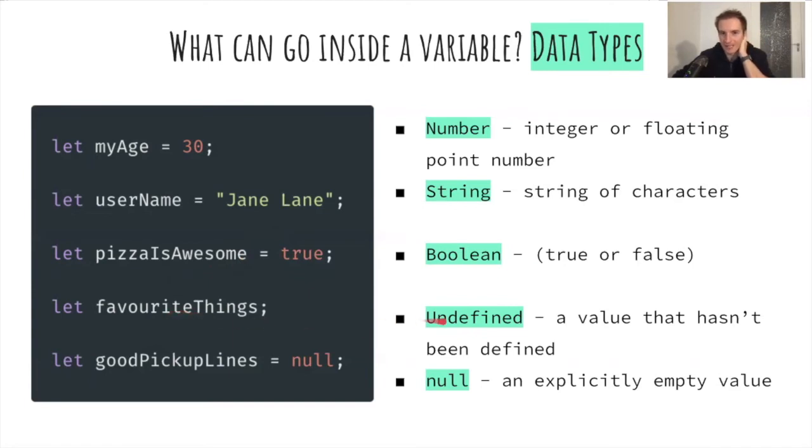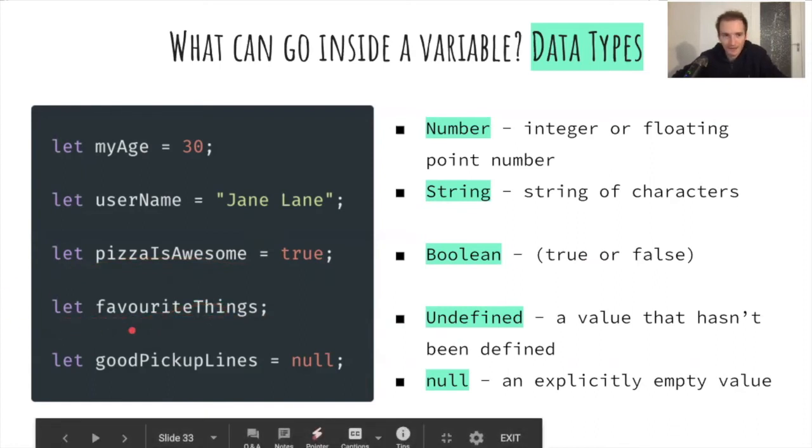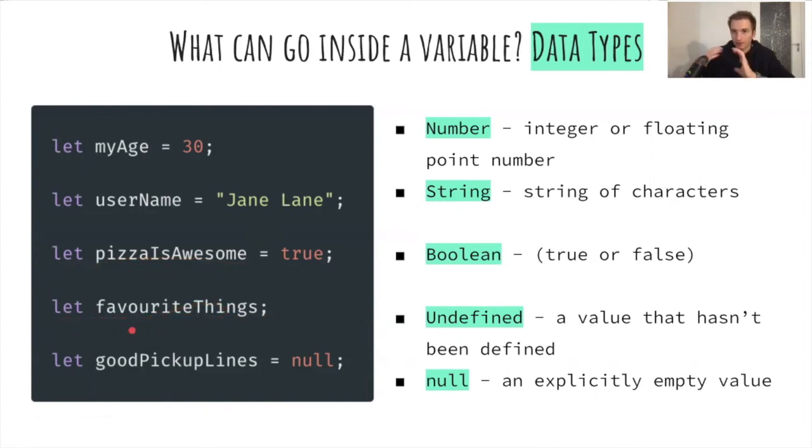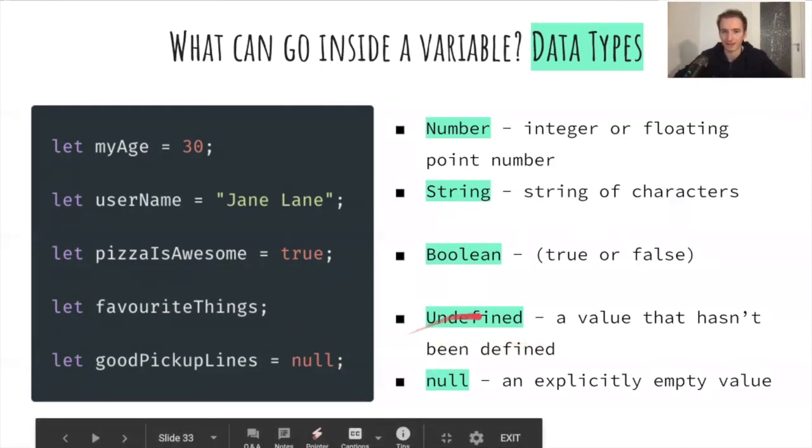It can also be what's called undefined, which means that we haven't given it a value. So when we initialize a new variable, let's say let favorite things, that creates the box called favorite things. But unless we assign something to it, by default it has this value of undefined. So that's also one of the data types that we have to work with. And then finally, we can also assign something with the value of null.